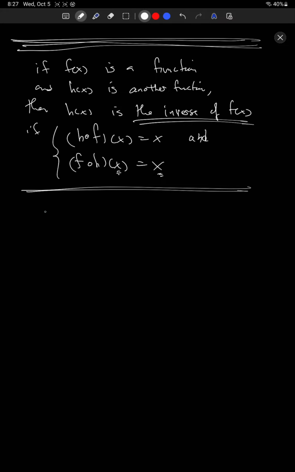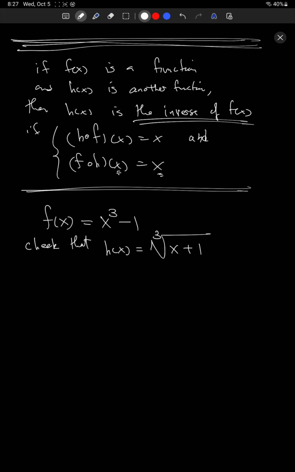For example, now we're in the realm of actually working with functions. Let's say I have this f, and the idea is to check that h of x equals cube root of x plus 1 is the inverse of f.